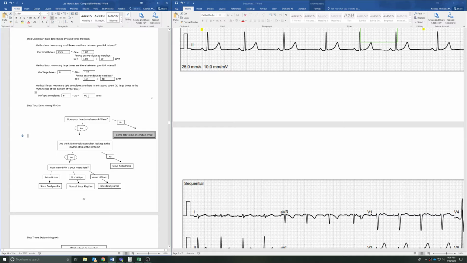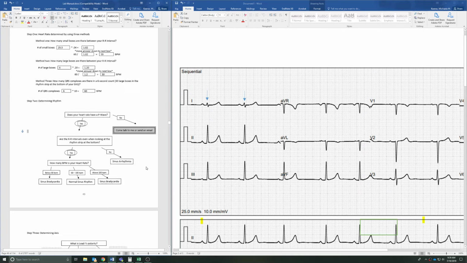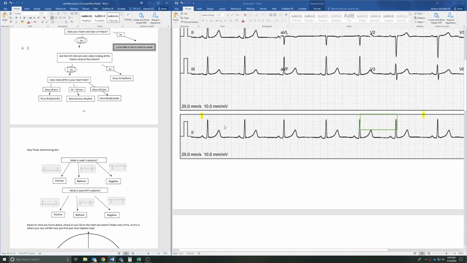And even when we did the 6 second count, we got 60, which puts us in normal sinus, but the other two are suggesting it would be a sinus bradycardia. So for this specific one, it is sinus arrhythmia, but if we had that even rhythm across that 6 second count on the rhythm strip on the bottom, we would choose to go that way.